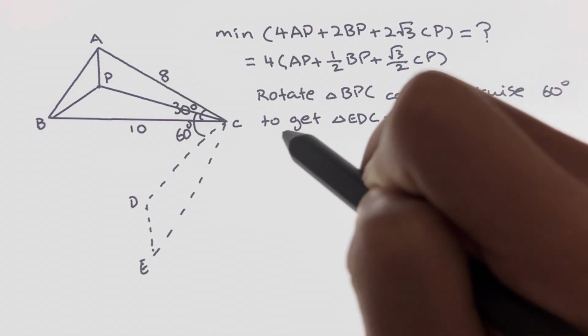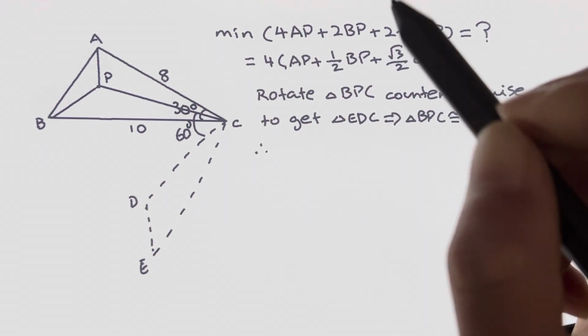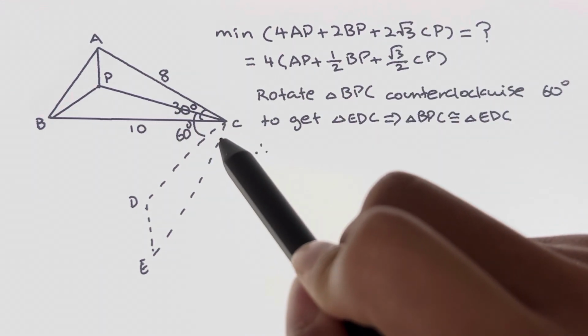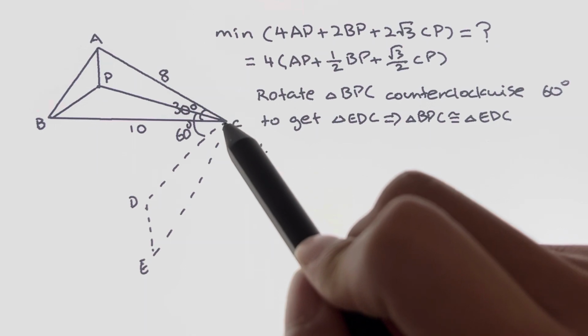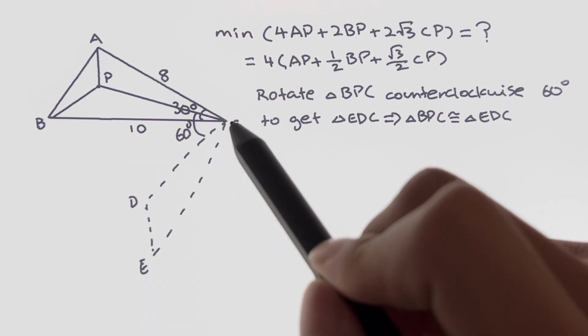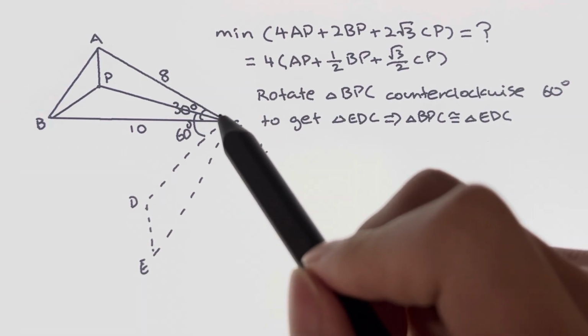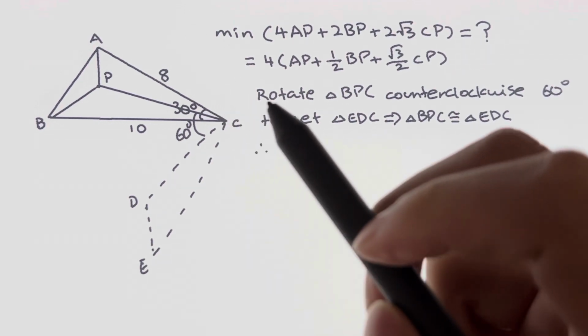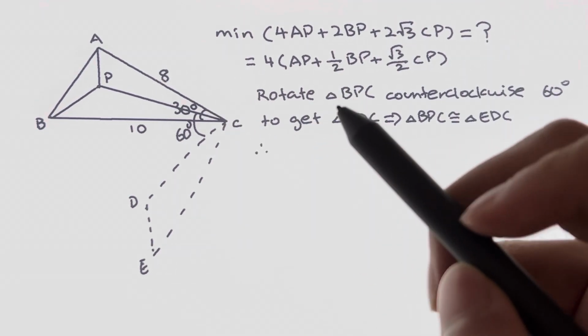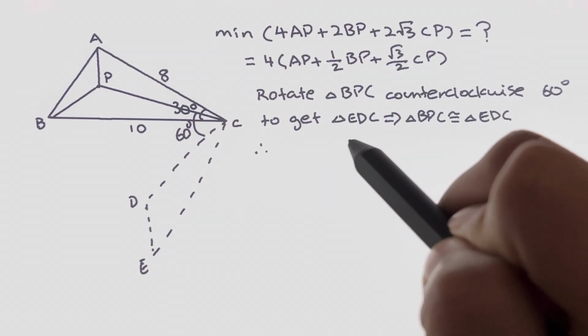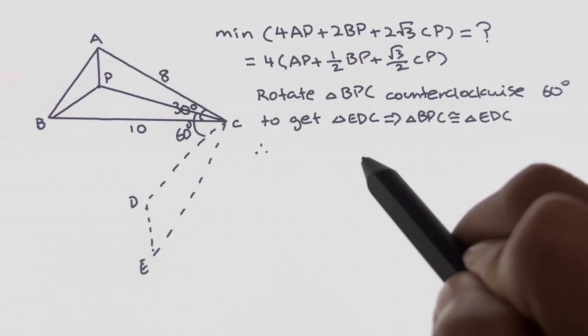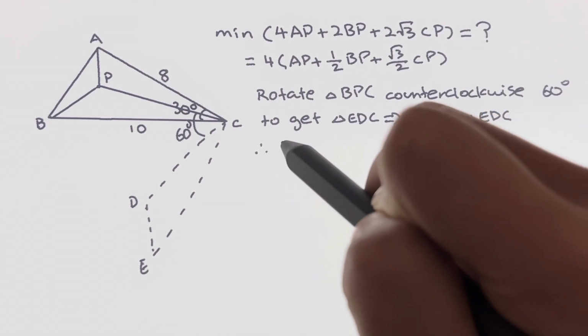From this congruence, we realize that we have a 60 degree angle here, and 60 degrees occurs in both right triangles and the equilateral triangle. But to form an equilateral triangle, we also need a pair of equal sides, which we can get from the congruent triangle. So from this congruent triangle, we have PC equals DC.